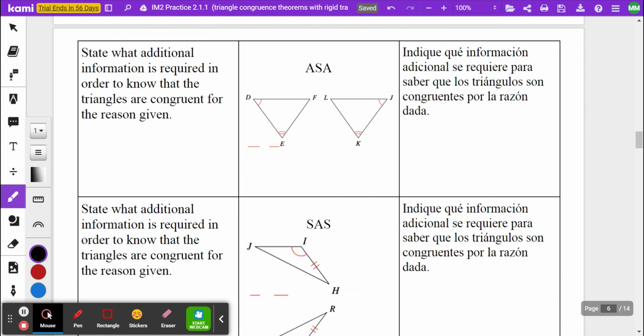All right, what would I need to do in order to use angle side angle here? Well, I have the angles, but I don't have the included side. So I would need to know that this included side, side DE, were congruent to this included side, side KJ. So I would need to know that DE were congruent to JK.